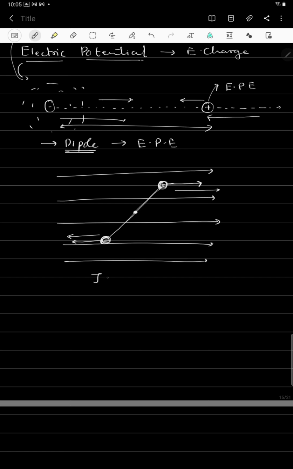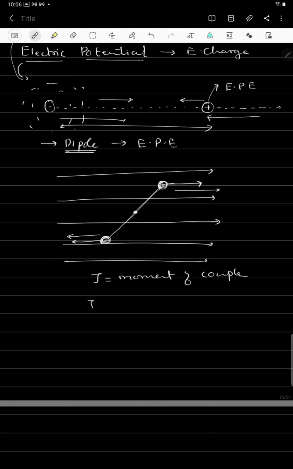That torque is nothing but the moment of the couple. This acts like a couple, which means two equal and opposite forces are acting on the dipole. It constitutes that couple, and this couple has a moment, therefore it produces the torque.